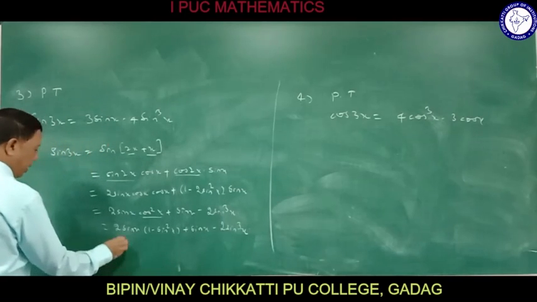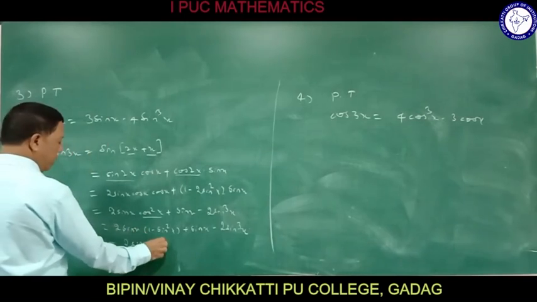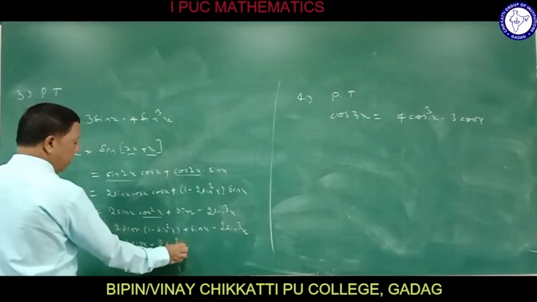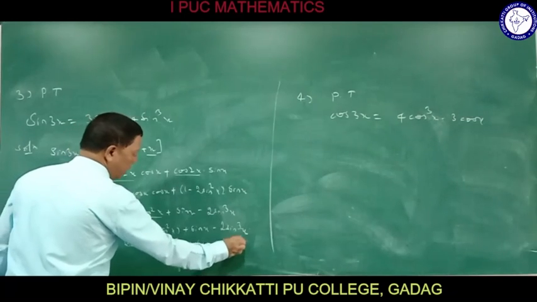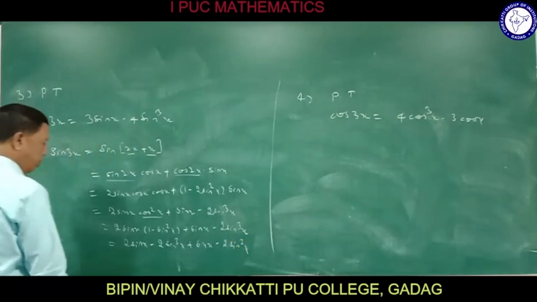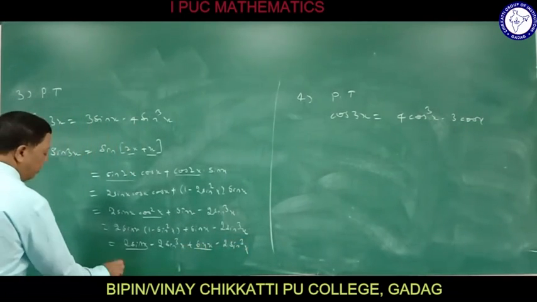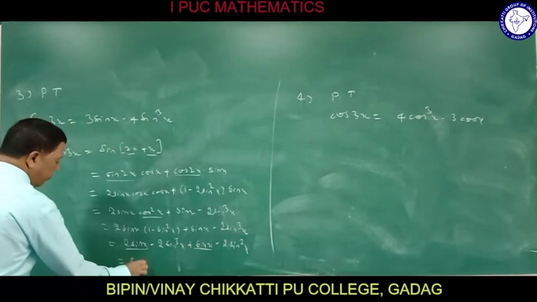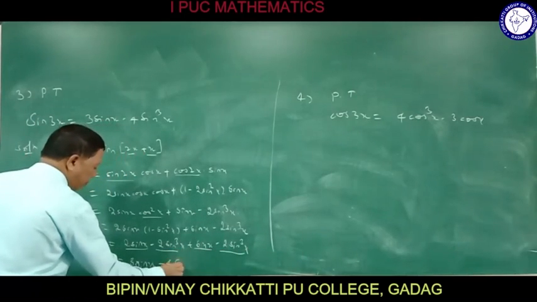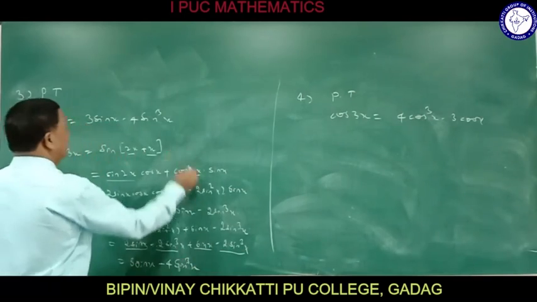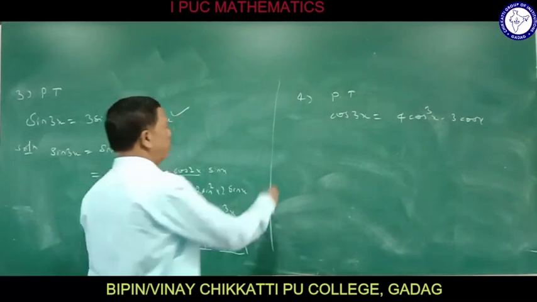So you multiply 2 sin x and minus 2 sin cube x, plus sin x minus 2 sin cube x. Here 2 sin x and sin x become 3 sin x, and minus 2 sin cube x minus 2 sin cube x is minus 4 sin cube x. So this result is correct, and that we have proved.